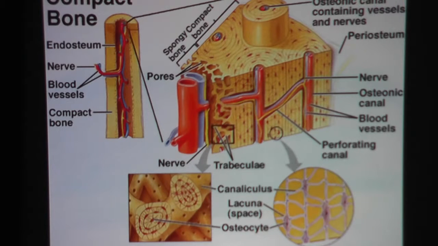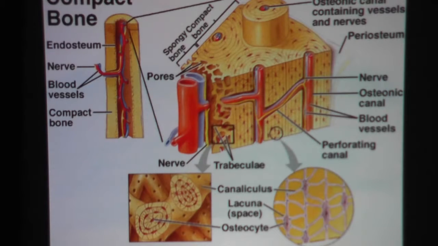Those would be lacuna. And inside the lacuna would be the osteocyte. That is the name of the bone cell. Remember, osteo for bone, cyte for cell. So the cell in the bone is an osteocyte. And just like the cartilage chondrocyte, osteocytes also live in a space called lacuna.